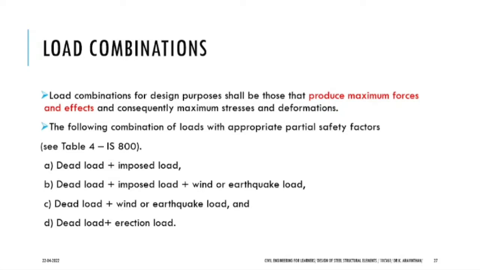We cannot say that yesterday during the earthquake we were traveling there, and today there will be an earthquake, so we will cross that. It could not happen like that. An earthquake is a rare phenomenon, so if you are considering the earthquake, there should be a probability. Whenever you consider multiple loads, the load and the stress will increase. Finally you will get safety, but you will not get an economic design.